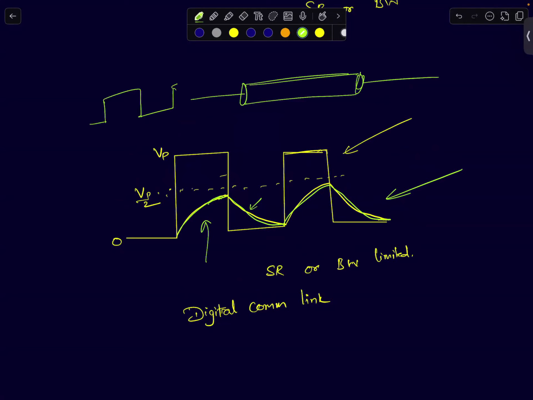And if the bandwidth of this cable happens to be very low, then you will end up getting a first order rise and first order fall like this. Okay. Since both of you are from EEE and ECE, you must have heard of a word called intersymbol interference, no? A finite bandwidth causes what you call intersymbol interference. So that's it.